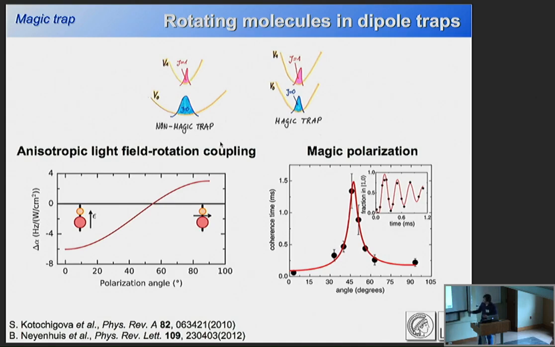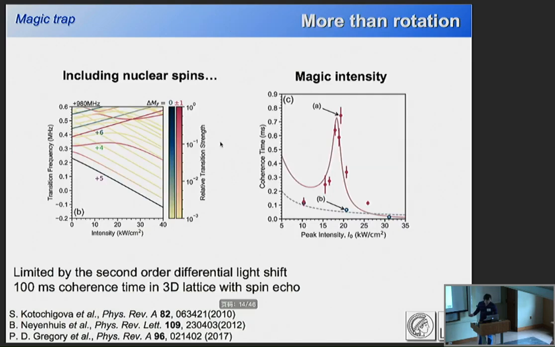It is limited by the second-order differential light shift on the dipole interaction. This is a pioneer work in JILA. And recently, the Duhan group investigated these very beautiful nuclear spin hyperfine levels.